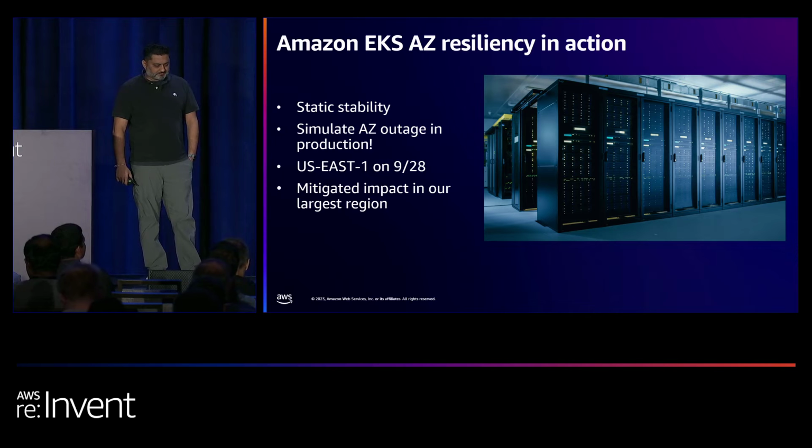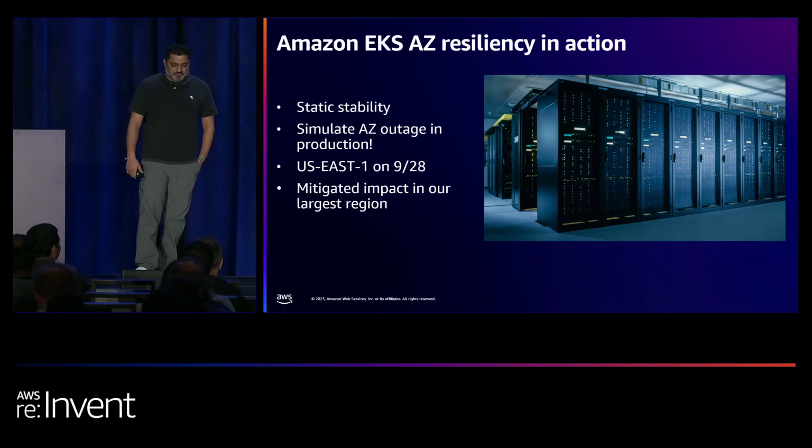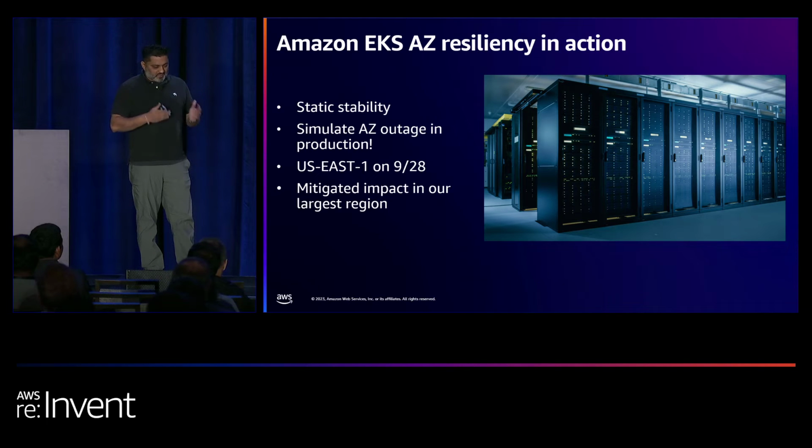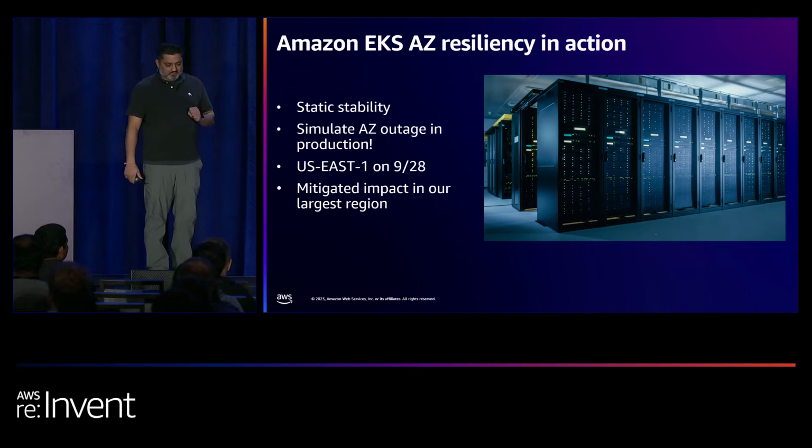So more recently, as I think most of us probably know, we had an outage in US East 1 on 9/28. This was a zonal event. It was the classic gray failure where not the entire zone was impacted, it was only some racks within the zone, and even that was a partial rack failure within that zone.